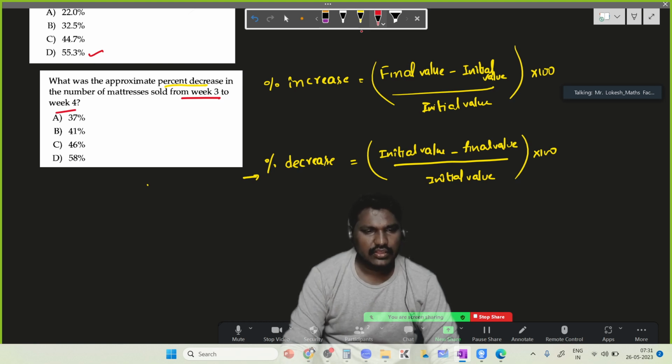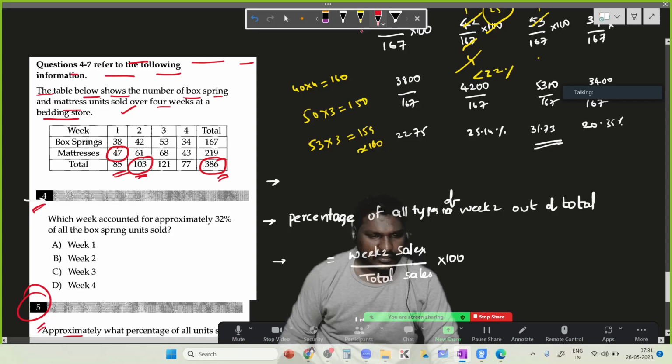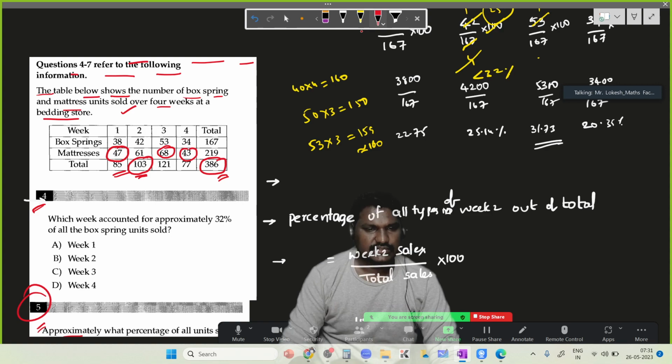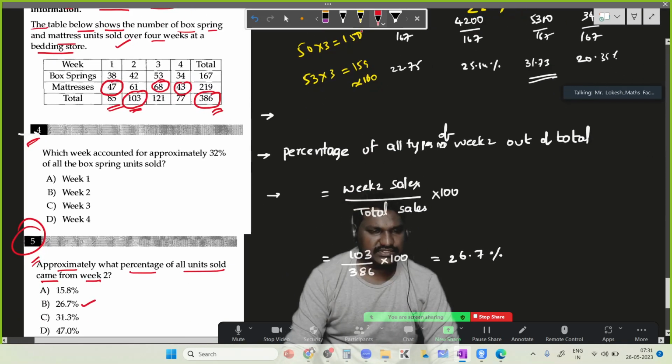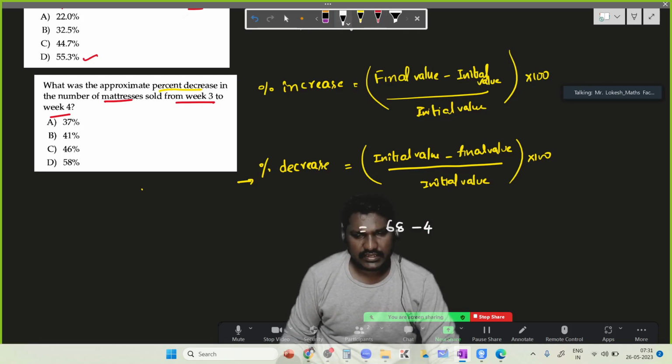Let me check the sales of mattresses from week 3 to week 4. Week 3 it was 68, week 4 it was 43, so it decreased from 68 to 43. Now let me substitute in the formula: 68 minus 43 over 68 times 100. 68 minus 43 is 25, so 2500 by 68.